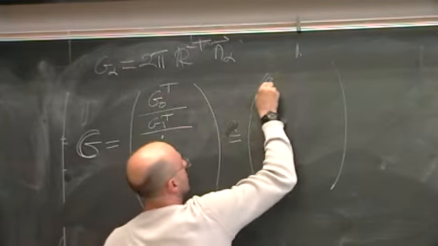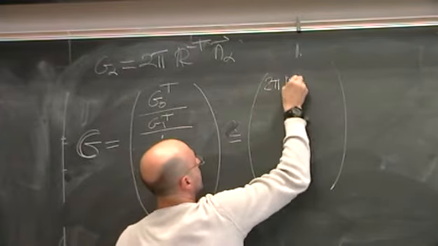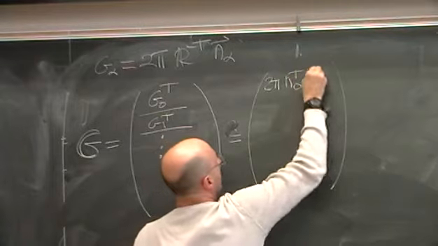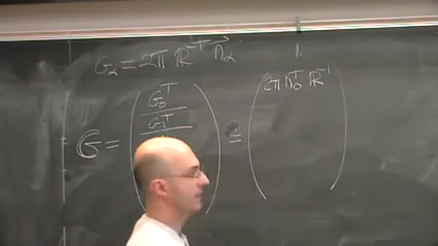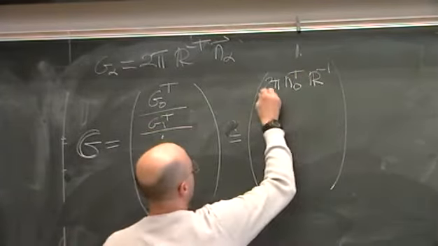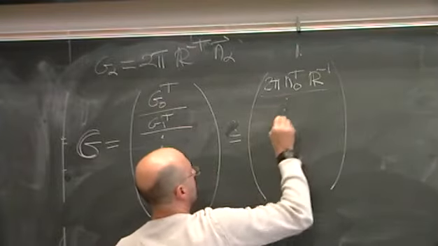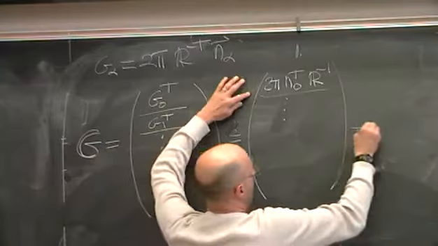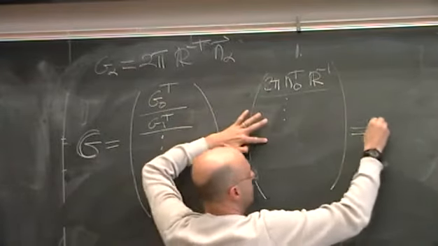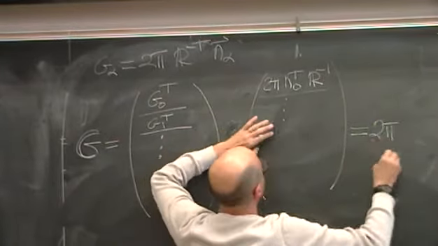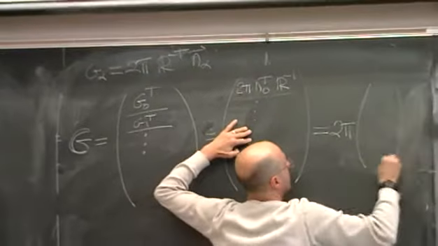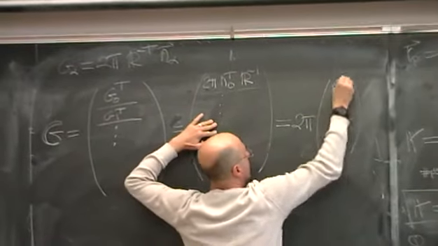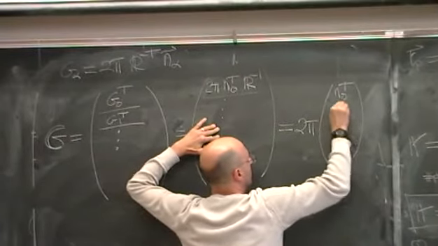Well, it's 2 pi n0 transpose R inverse, I believe, and then the same thing for all the other ones. And just like last time, everybody carries a factor of 2 pi that can be factored out. I can then just make a matrix with these triplets of integers.